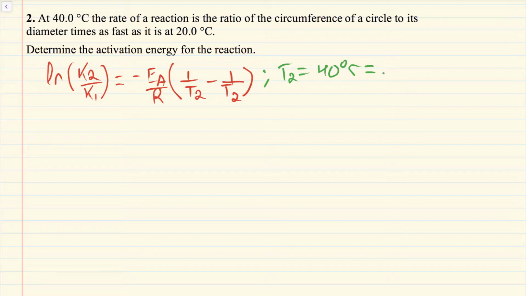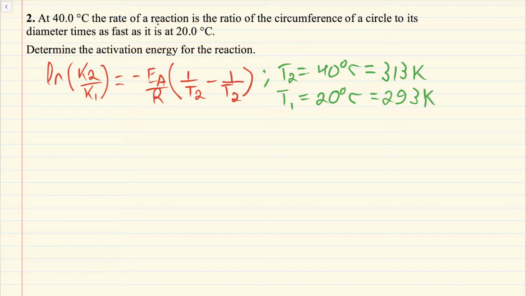And to do that, you simply add your degrees Celsius plus 273. So 40 degrees Celsius is equal to 313 Kelvin. Our T1 is 20 degrees Celsius, and that's equal to 293 Kelvin.